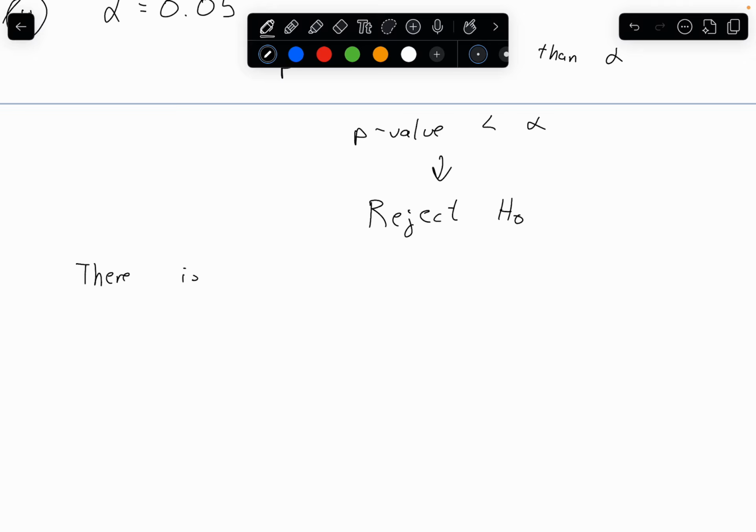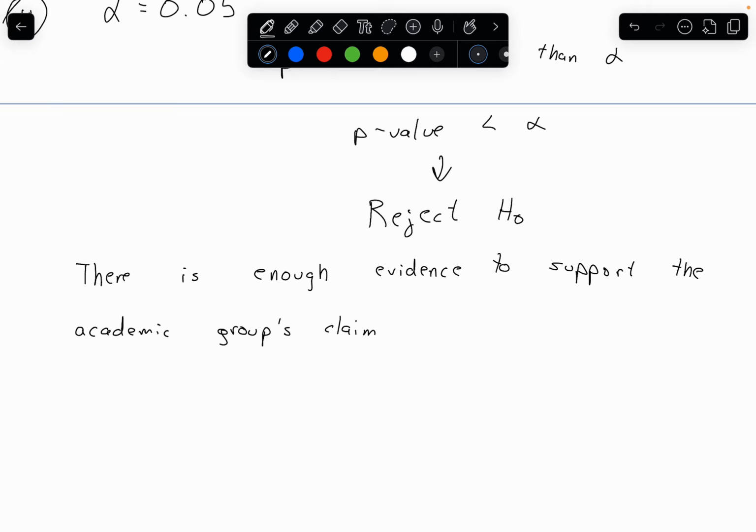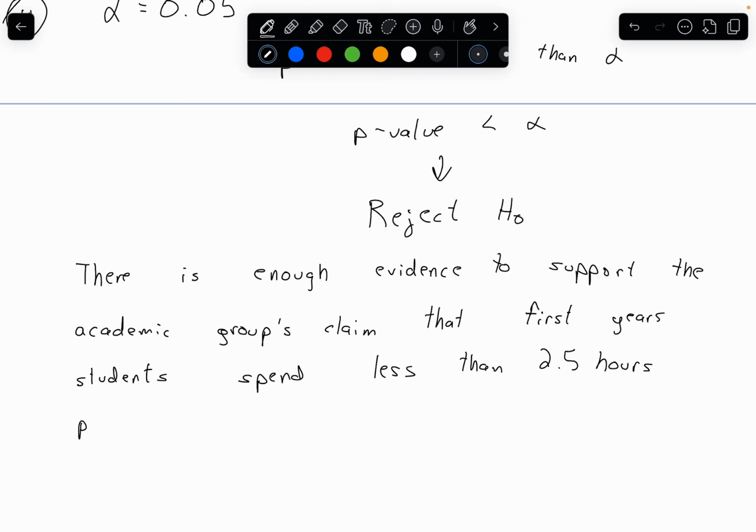We would say there is enough evidence to support the academic group's claim, which we might be able to just stop right there and say there's enough evidence to support their claim, but let's be a little bit more detailed, that first-year students spend less than 2.5 hours per day studying on average.